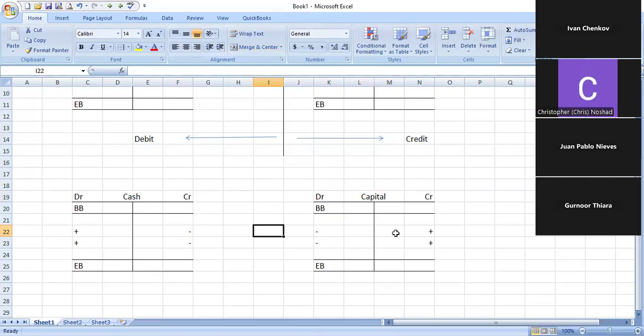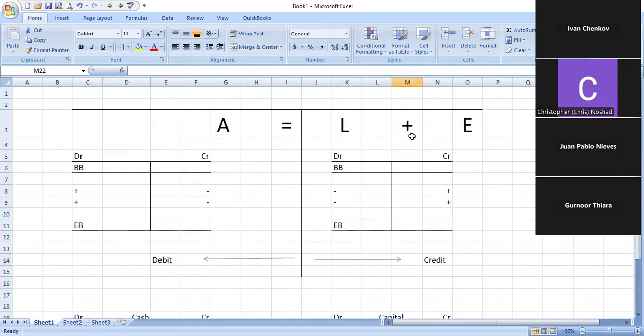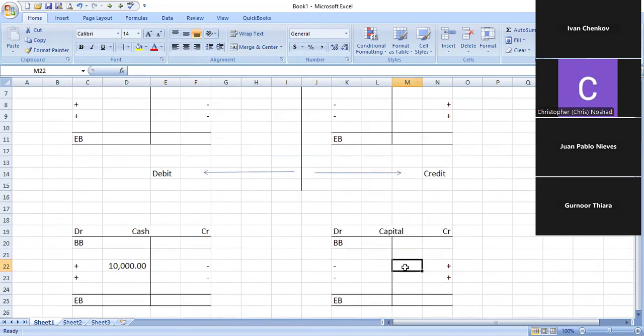So if the owner decides to invest $10,000 in the company, we're going to put it on the debit side, where our cash is going to increase. But that also is going to increase the capital, which has to be on the other side of the equation in order for assets to be equal to liability and equity.